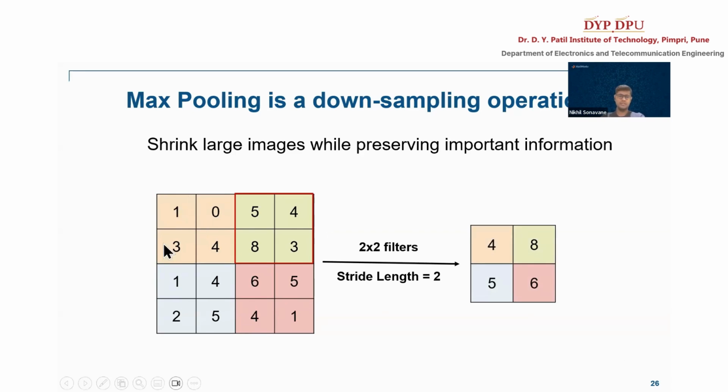From these four elements, the maximum is taken here. From these four, the maximum is taken here, and so on. So now this is the image that I'll be working on. Definitely, there is a loss of information, but we want to reduce the size with some loss, where some loss is fine, but to preserve the majority of the data, something like this can be done.